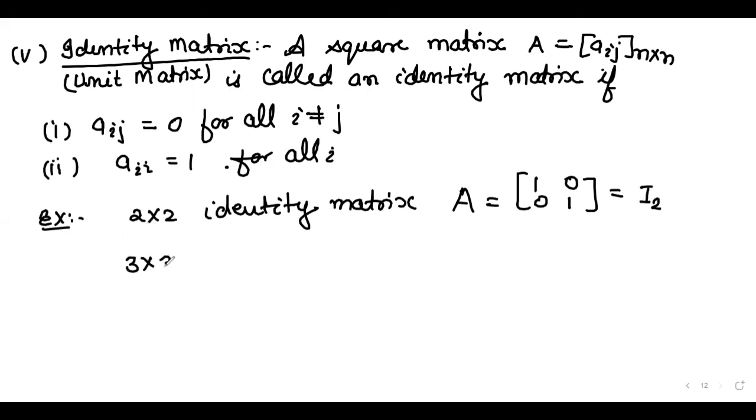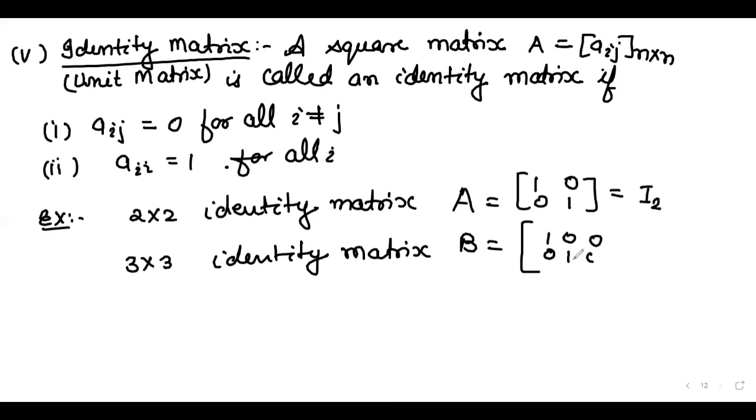Now the 3 by 3 order identity matrix: it is 1 0 0 0 1 0 0 0 1. This is the 3 by 3 order identity matrix, so I can write it as I3. In general, the identity matrix of order n is denoted by In.